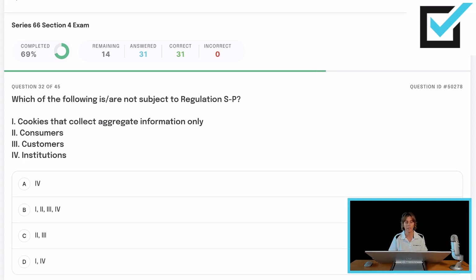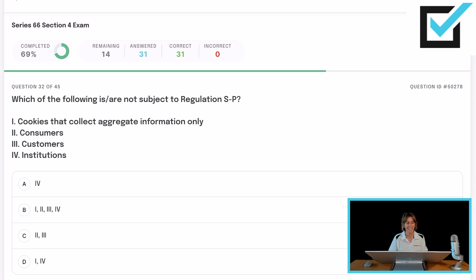Which of the following is or are not subject to Regulation S-P? Cookies that collect aggregate information only, consumers, customers, or institutions. All right, so let's think about it. Regulation S-P is the privacy requirements, and part of the privacy requirements is that annual privacy notice.